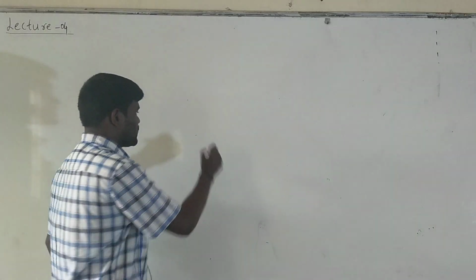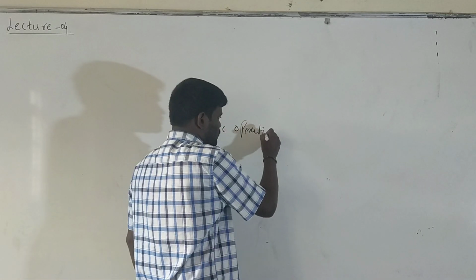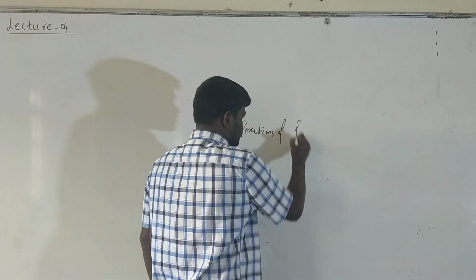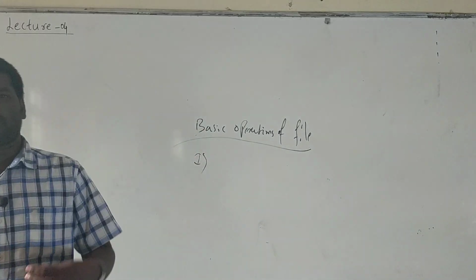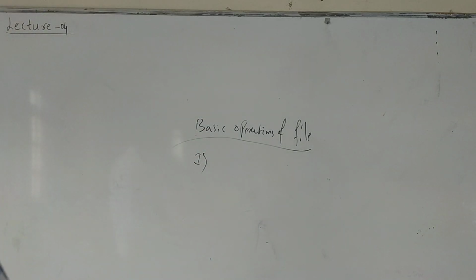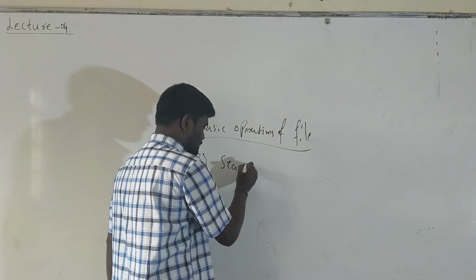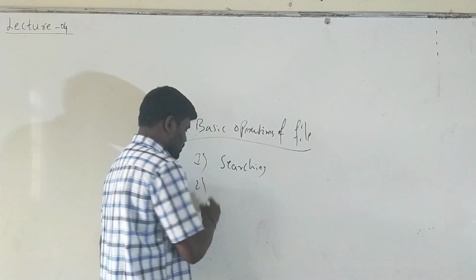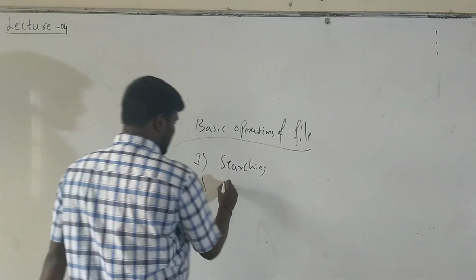The last one is the basic operations of file. With the help of a file, what operations do we have to perform? First one is searching the character or searching the file. Another one is appending the data.